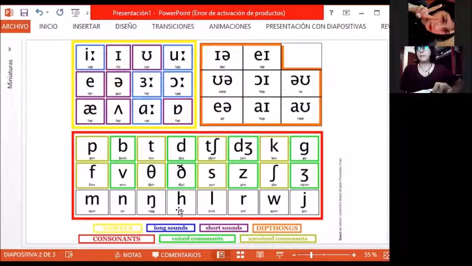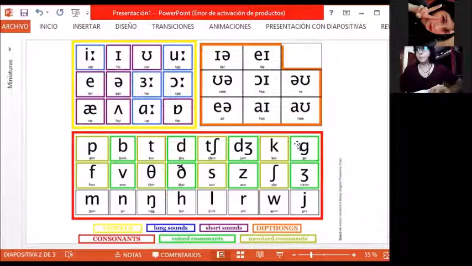And now here we have the consonant sounds, and as I said before, we have the voiced and unvoiced consonants. The voiced consonants are in a lighter green, I think, and the other ones are a darker green. At least that's how I see it.